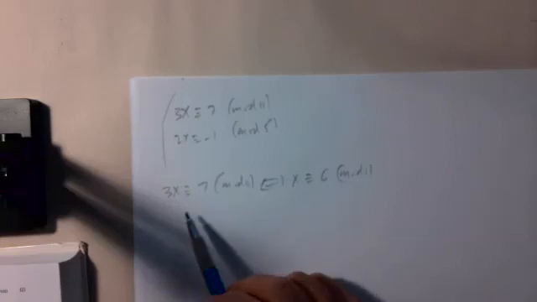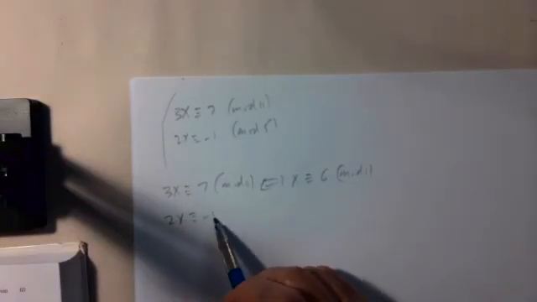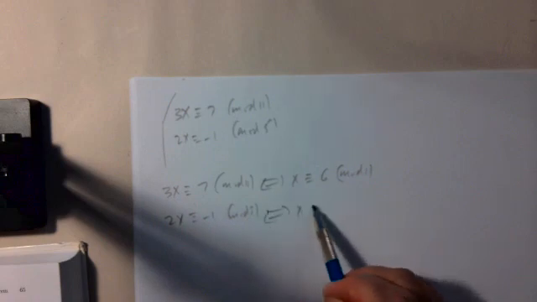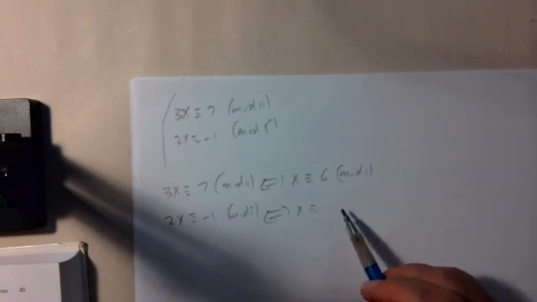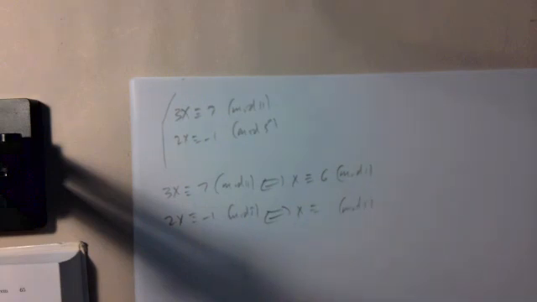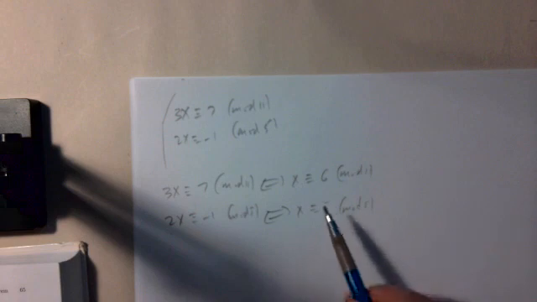And what about a solution to 2x congruent to minus 1 mod 5? This will also have a unique solution mod 5. What's the solution of this congruence? Two, because 4 plus 1 is 5.